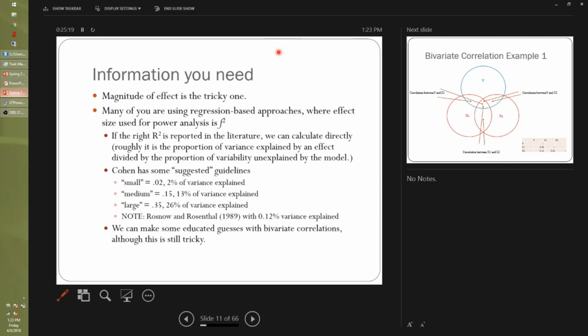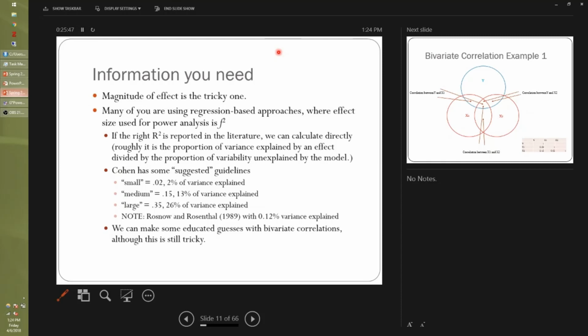And F is related to the proportion of variance explained. It is the ratio of the unique variance explained by your predictor, let's say your treatment, over the unexplained variability in the outcome, which is, I know, a weird measure, something that's not necessarily super intuitive.